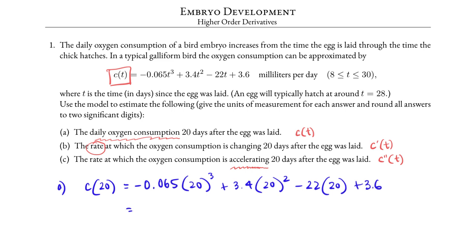Using a calculator, simply type this expression after the equal sign into a calculator. We will get 403.6, and the unit will be milliliters per day, daily.